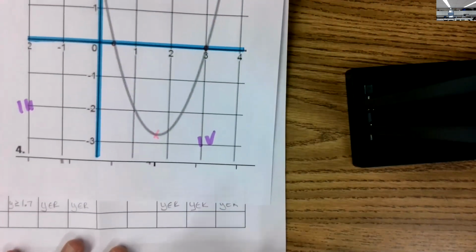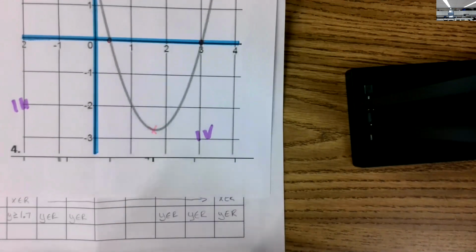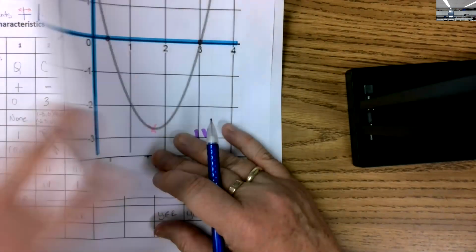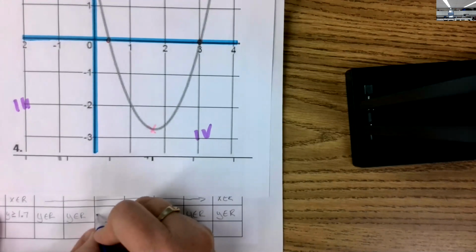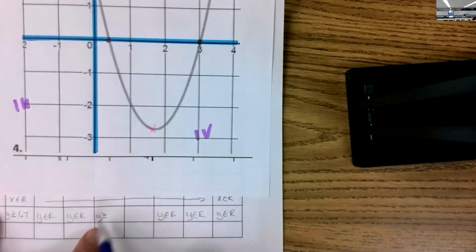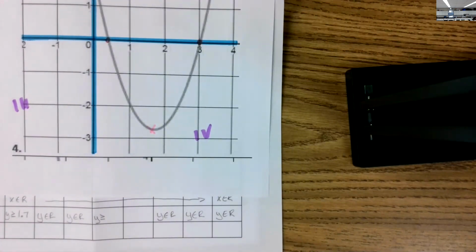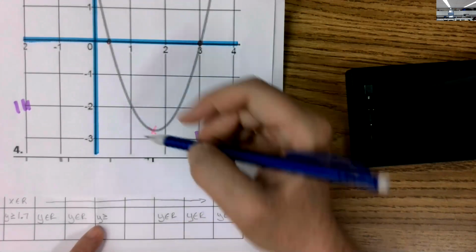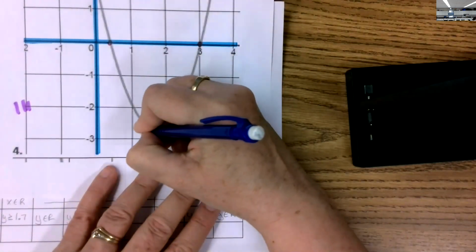And if I move this up, yep, we can do that. I'm on number 4. So y is greater than or equal to. So if it's a smiley face, it's great to smile. It's great to be positive. That's how I remember it's the greater than sign. And then I go across.